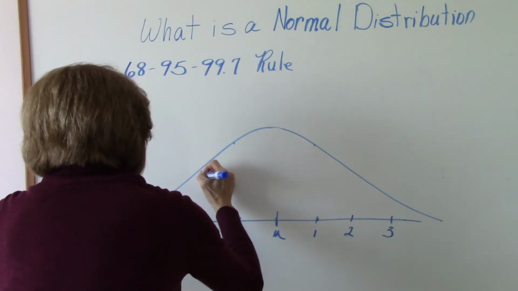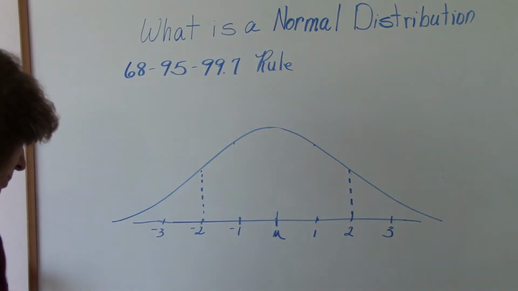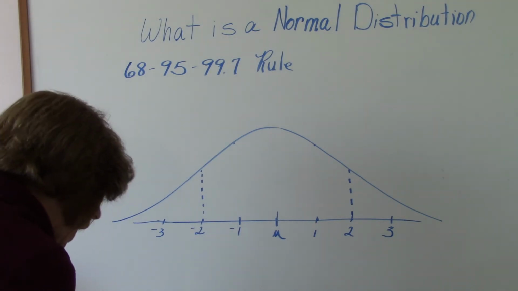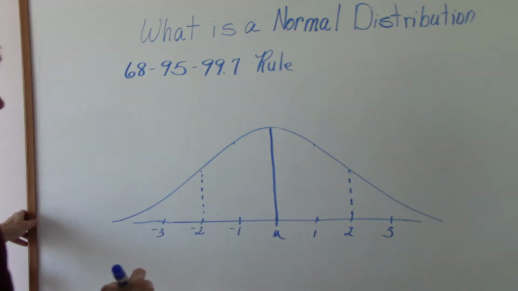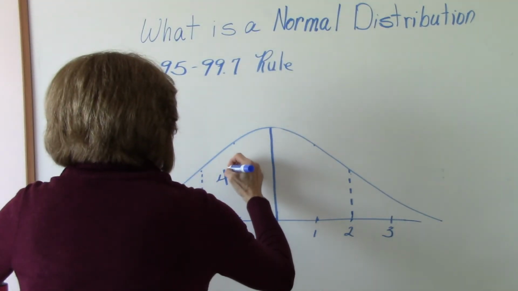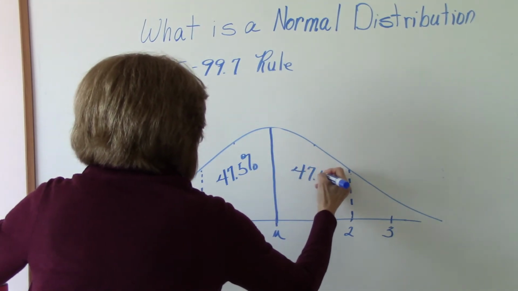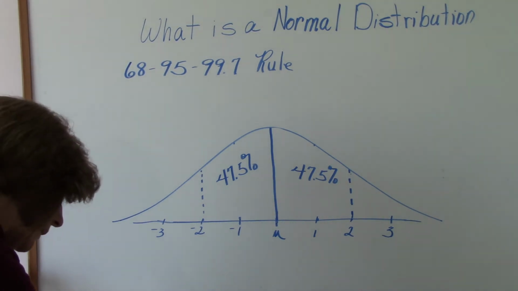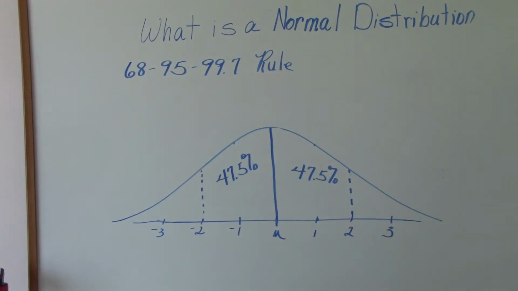So when we go from 2 standard deviations below the mean to 2 standard deviations above the mean, we can then say, if we divide that in half, so 95 divided by 2 is 47.5, I believe, so that would be 47.5% of the data straight down the middle.